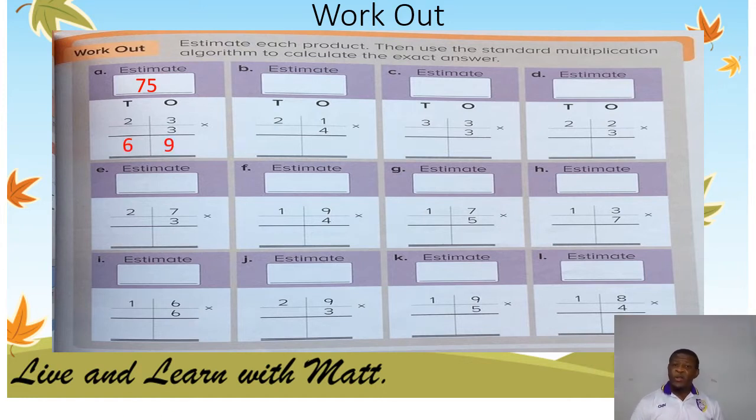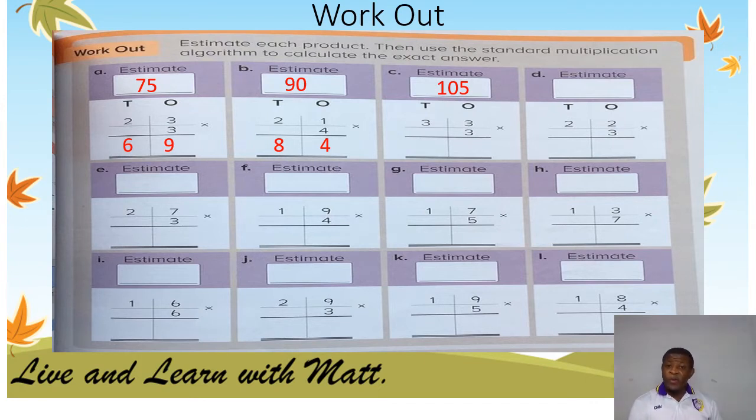Part B, 21 times 4, the estimate will be 90. Now, 4 times 1 is 4. 4 times 2 will be 8. So that will be 84. Part C, estimate will be 105.